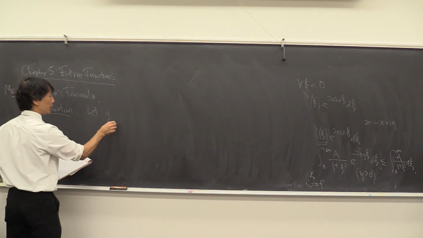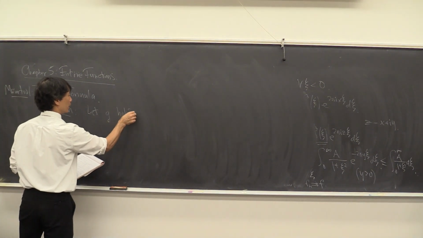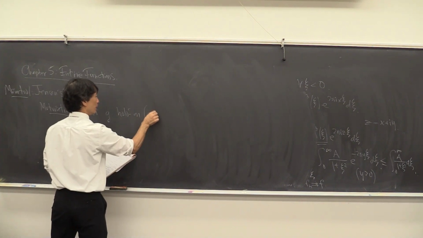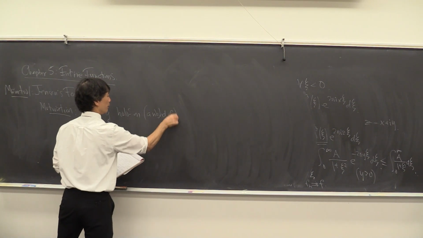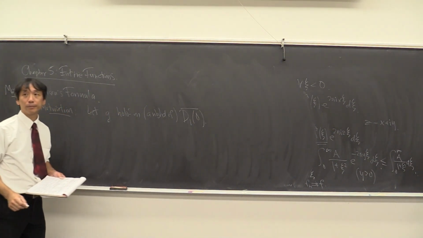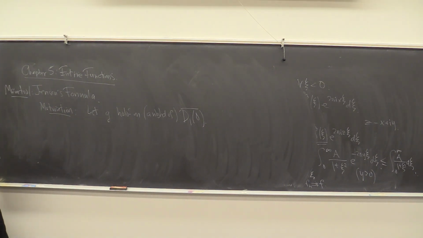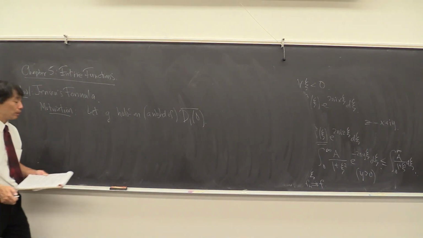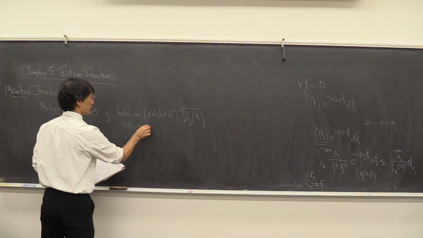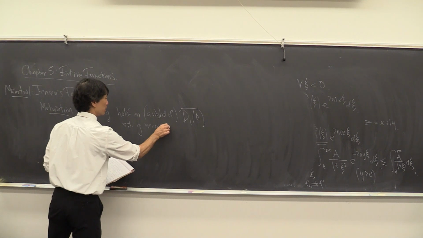Suppose you have a function g that's holomorphic on a neighborhood of the closed unit disk, and g never vanishes. Okay, it's never 0.